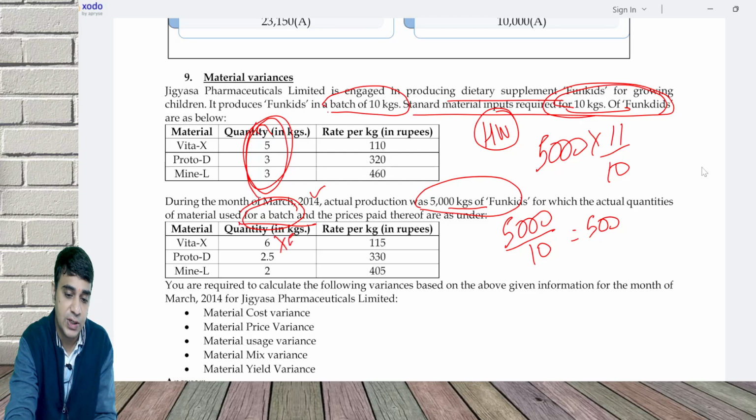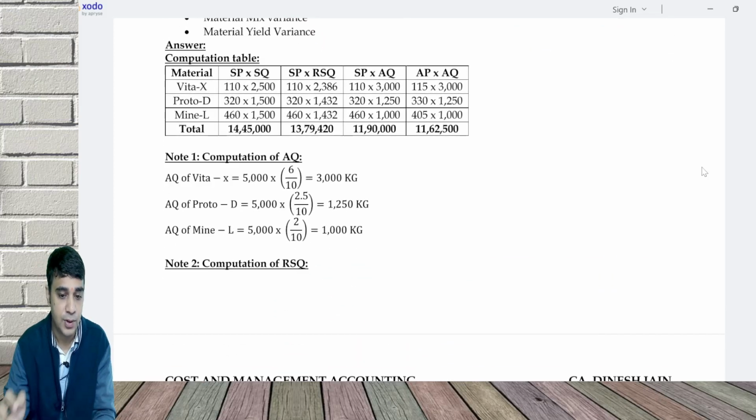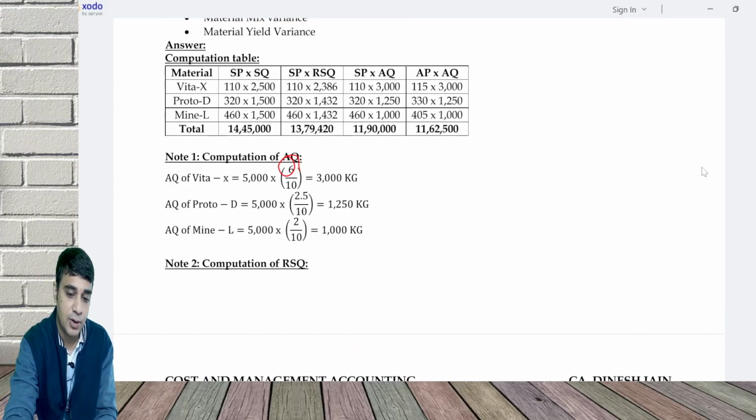So this is 6 into 500, 2.5 into 500 and 2 into 500. This is the actual quantity used. Split that in the ratio of 5 is to 3 is to 3.